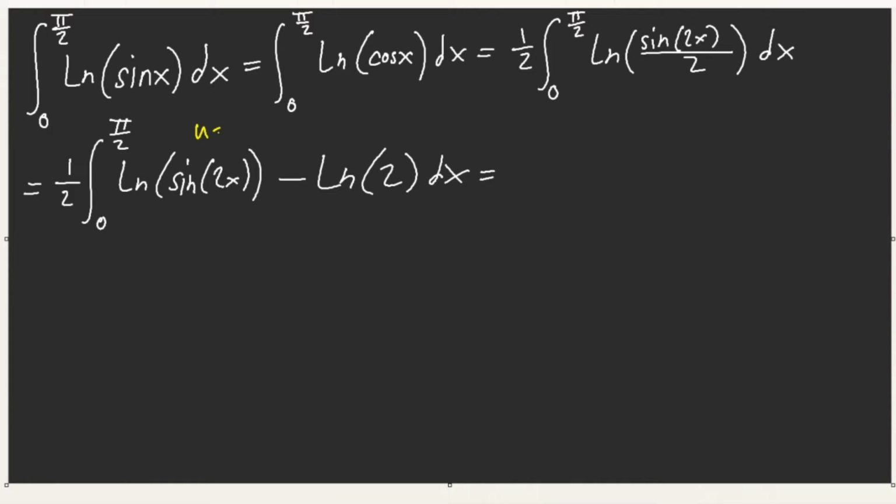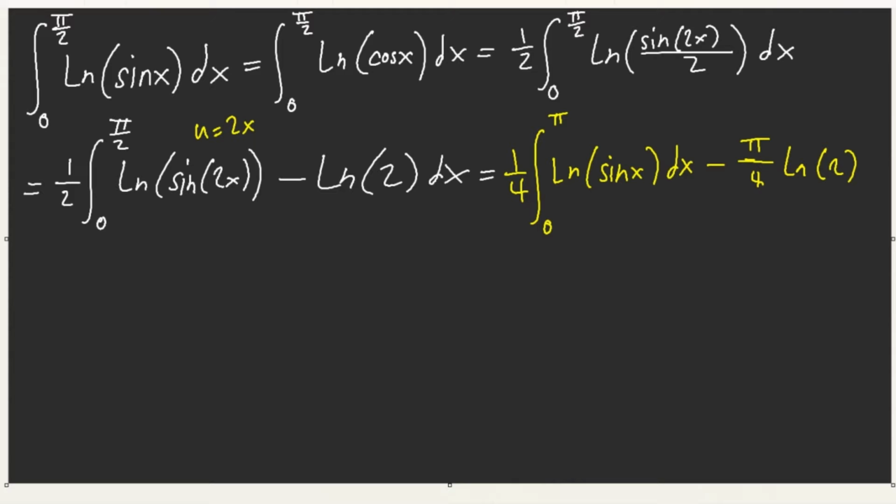If we let u equal to 2x, we get 1/4 from 0 to pi of ln of sine of x, we can just write it like that, and then this is minus pi over 4 ln of 2.